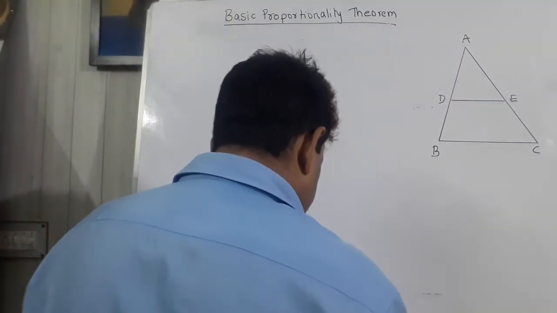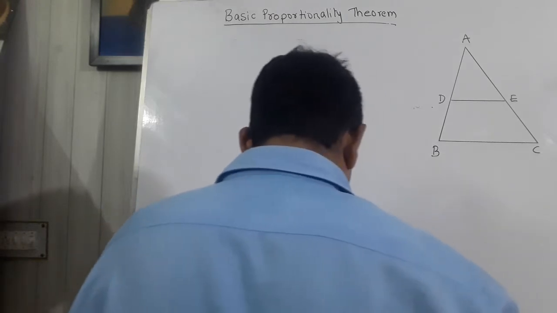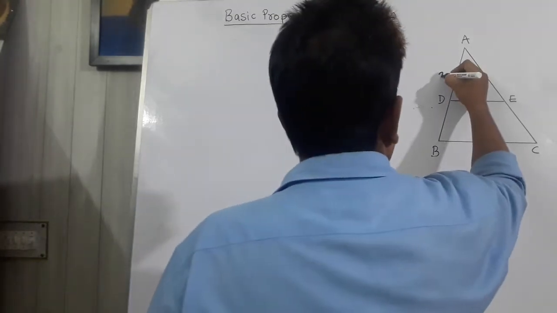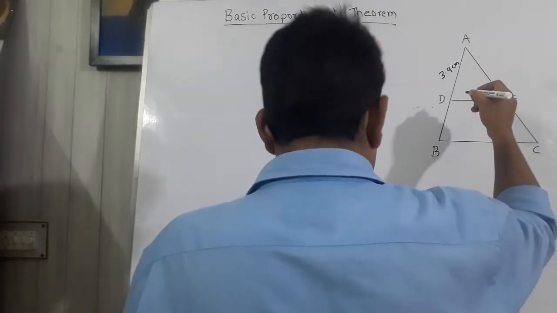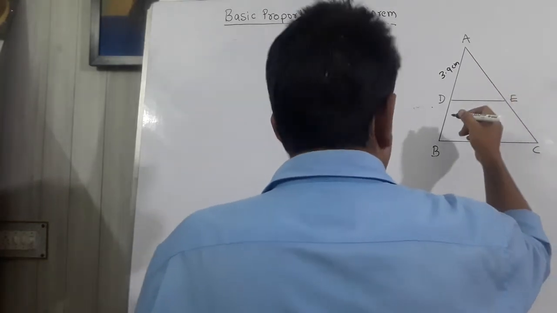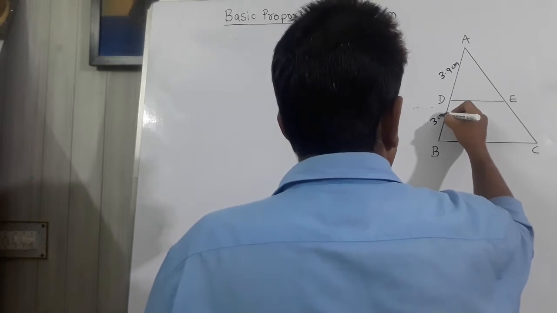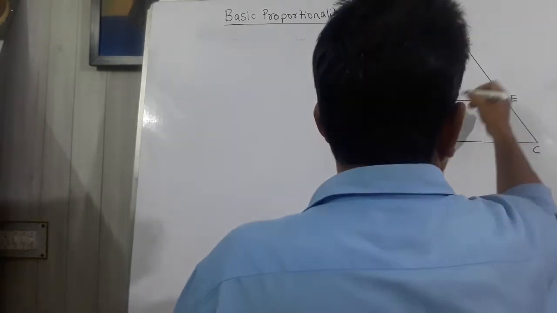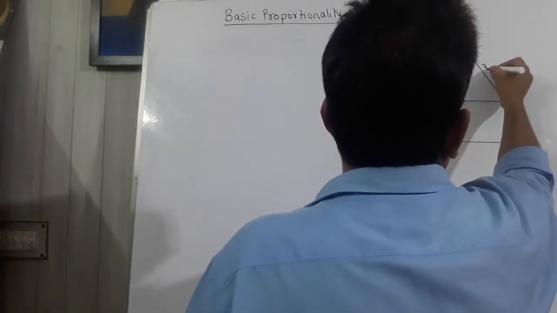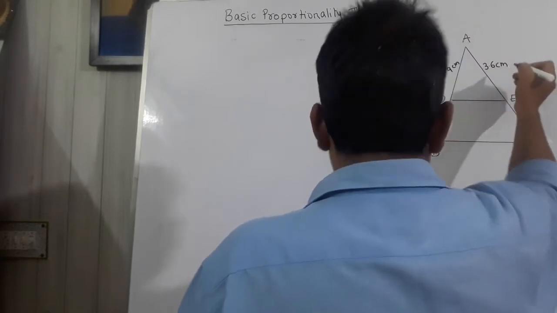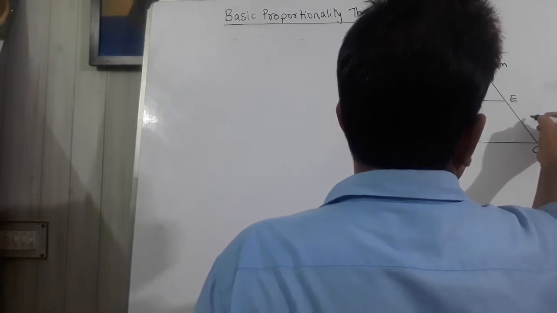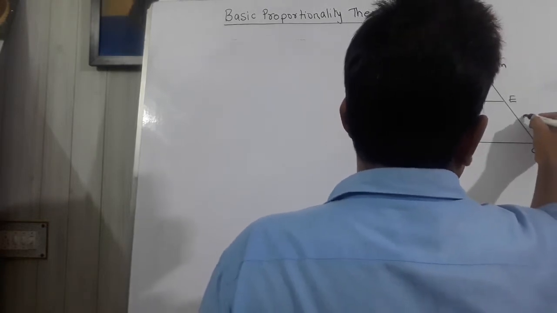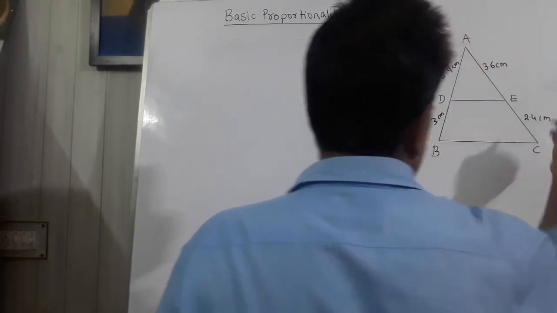It is given in the question AD equals to 3.9 centimeter, DB is 3 centimeter, this is 3.6 centimeter AE, and this is 2.4 centimeter.